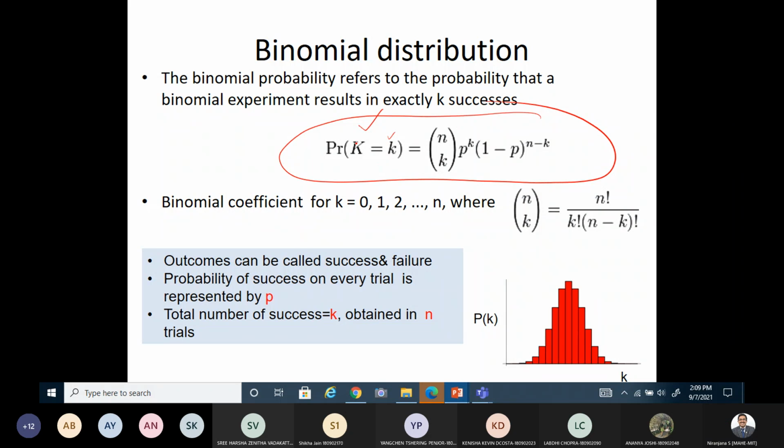For getting k success when you are doing a binomial experiment, the relation is something like this. It talks about some coefficient. This is the binomial coefficient, a ratio of n factorial to k factorial times n minus k factorial. This is how it is related.